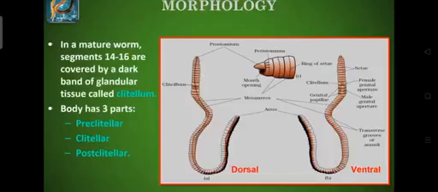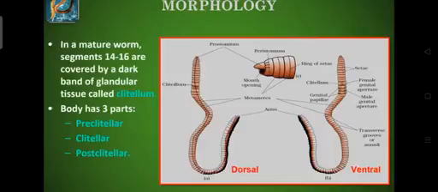So the body of the earthworm has three parts depending on the presence of clitellum. Pre-clitellar means the segments of the body of the earthworm before the clitellum. Second is the clitellar, and third one is post-clitellar, means after the clitellum.